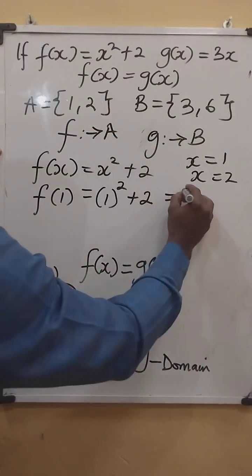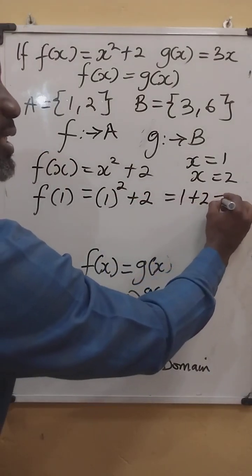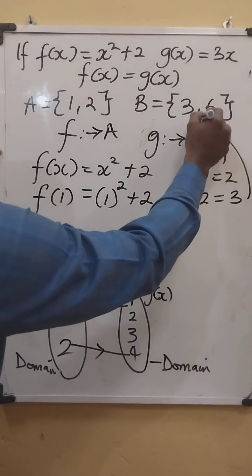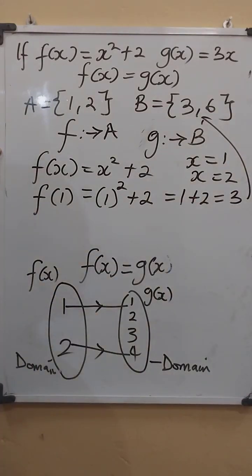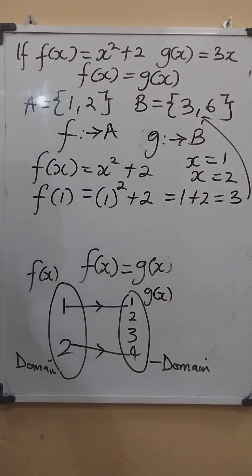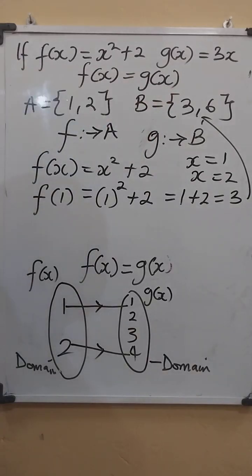Is 1. So that is 1 times 1 is 1 plus 2. What is it equal to? 3. So which is this? Are you seeing that? So that's to show you that the first element of this domain is equal to the other element in this domain. So now let's go to the next one.